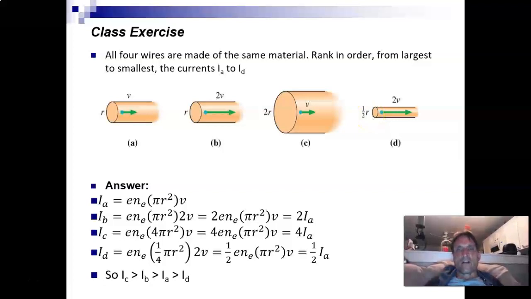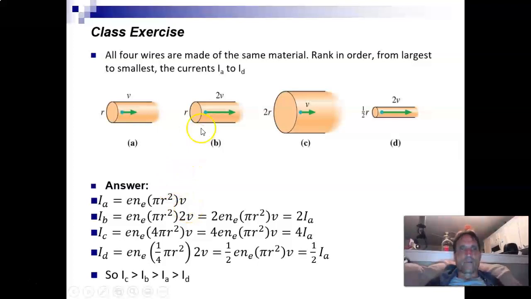And so you might guess that the largest diameter wire wins, but let's see. So we plug this in. The current, remember, is the charge of an electron times the number of electrons per volume times this cross-sectional area, which is pi r squared, times the drift speed.